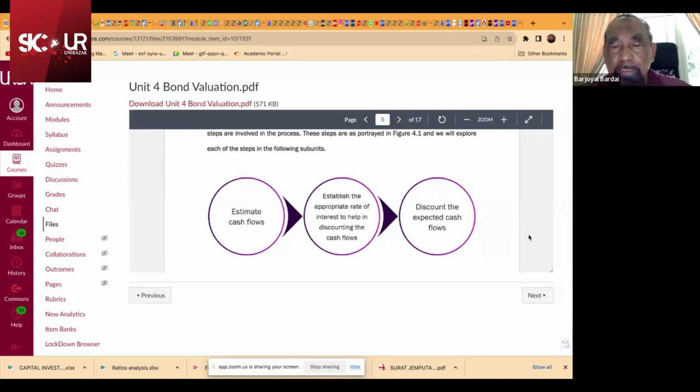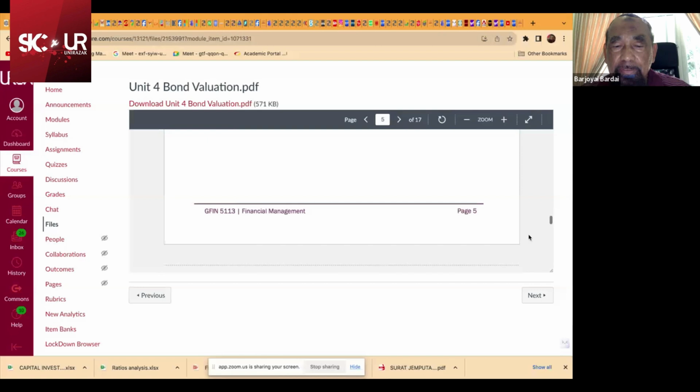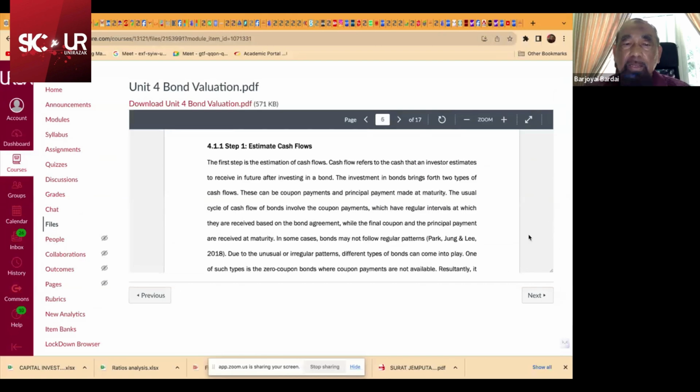Then we establish the appropriate rate of interest to discount the cash flow. And then we discount the expected cash flow.